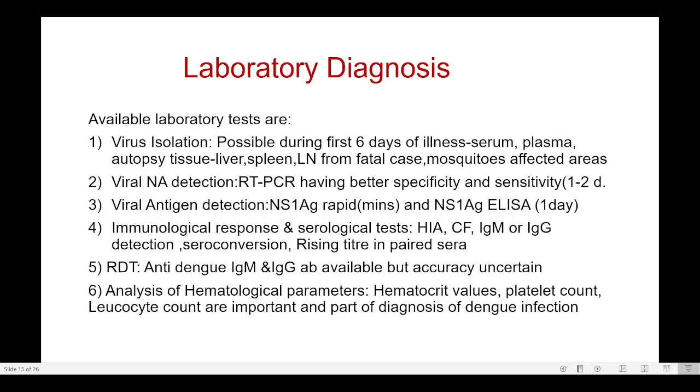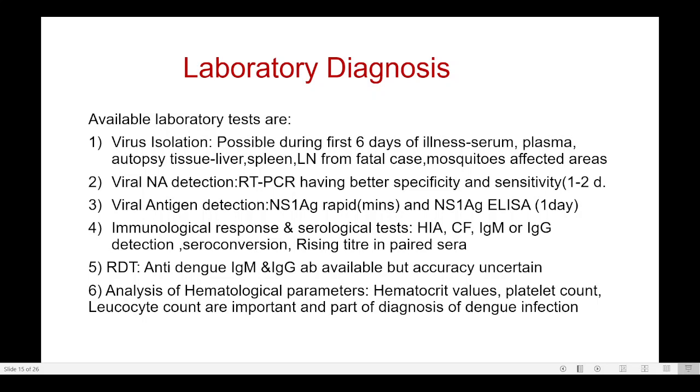The most important thing other than dengue virus diagnosis and antibody testing is that hematological parameters are very important. They are used from the beginning, during management, and during the maintenance phase. Hematocrit value, complete blood count, platelet count, and leukocyte count are important and part of both the diagnosis and management of dengue infection.